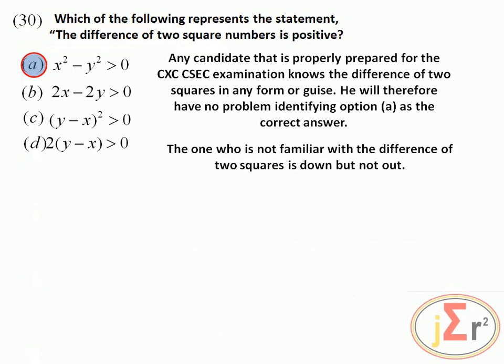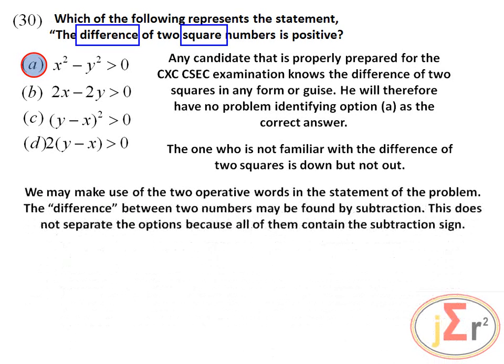The one who is not familiar with the difference of two squares is down but not out. We may make use of the two operative words in the statement of the problem. The difference between two numbers may be found by subtraction.